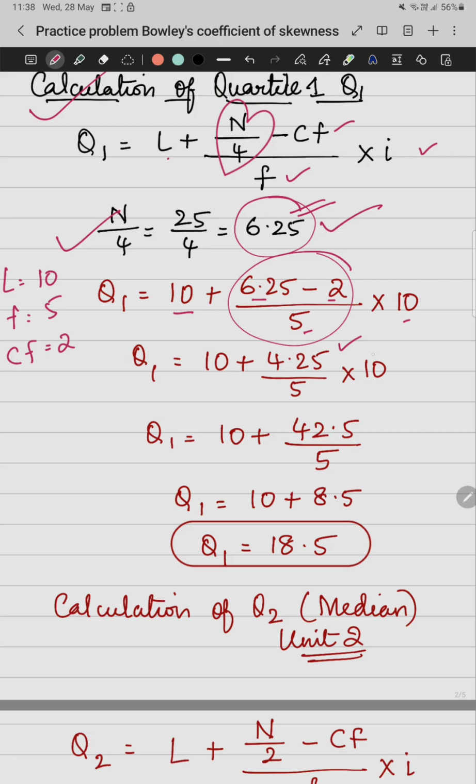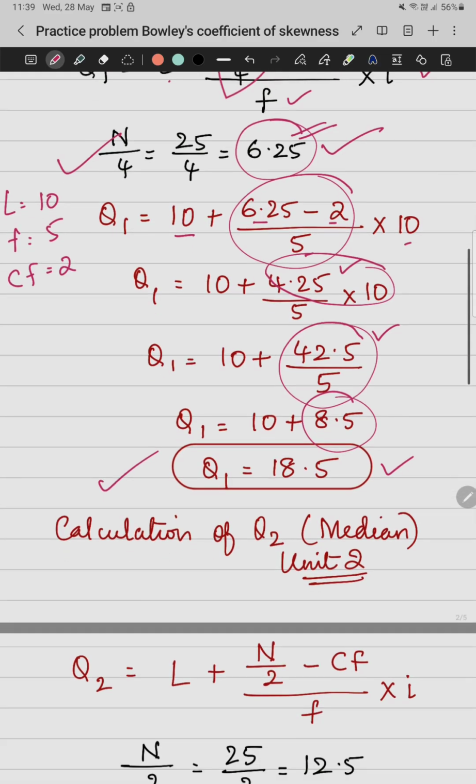Now you can multiply these values. 4.25 into 10 is 42.5. Then 42.5 divided by 5 is 8.5. 10 as it is put down. So you get 18.5. So Q1 is 18.5. Okay, so just put it in the box, highlight it.